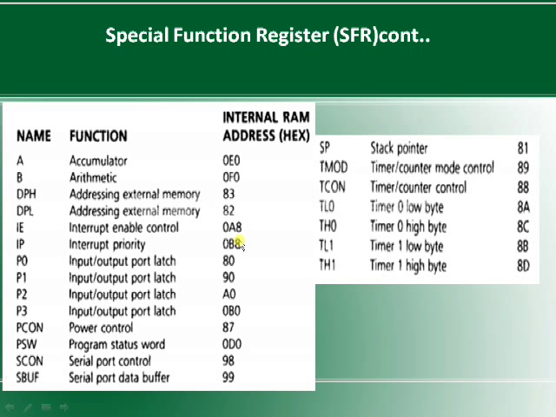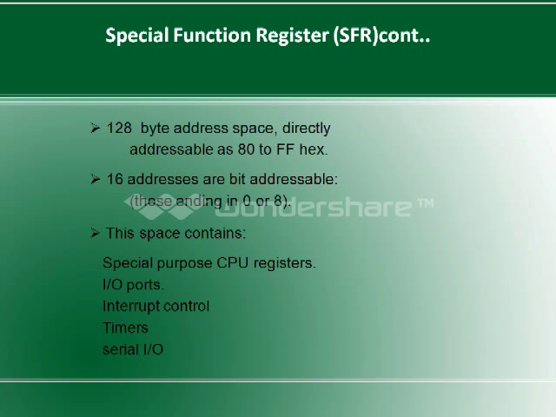As you can see here: accumulator, B register, interrupt enable, interrupt priority, port 0, port 1, port 2, port 3, then program status word, SCON register, and TCON register. All these registers are accessed by using their bit names, and that is why they are called bit addressable registers.